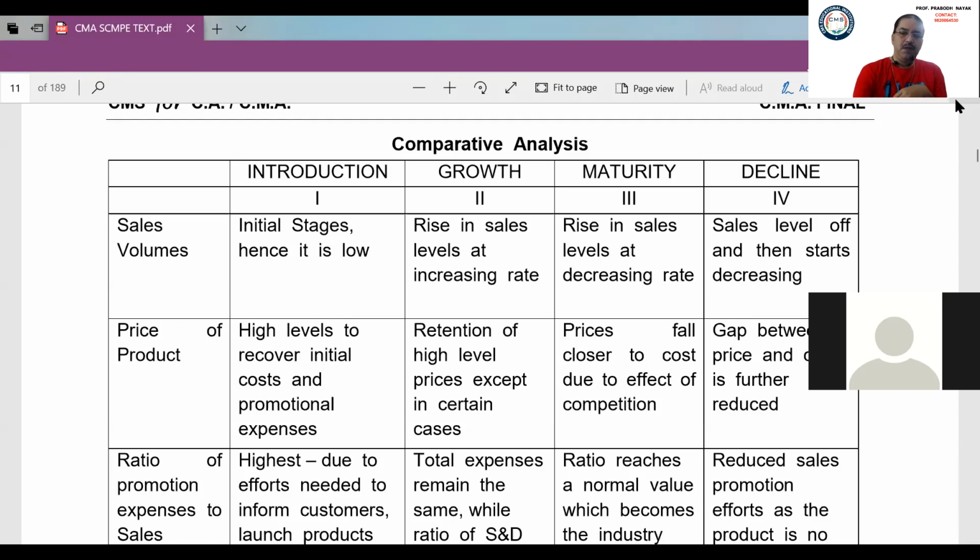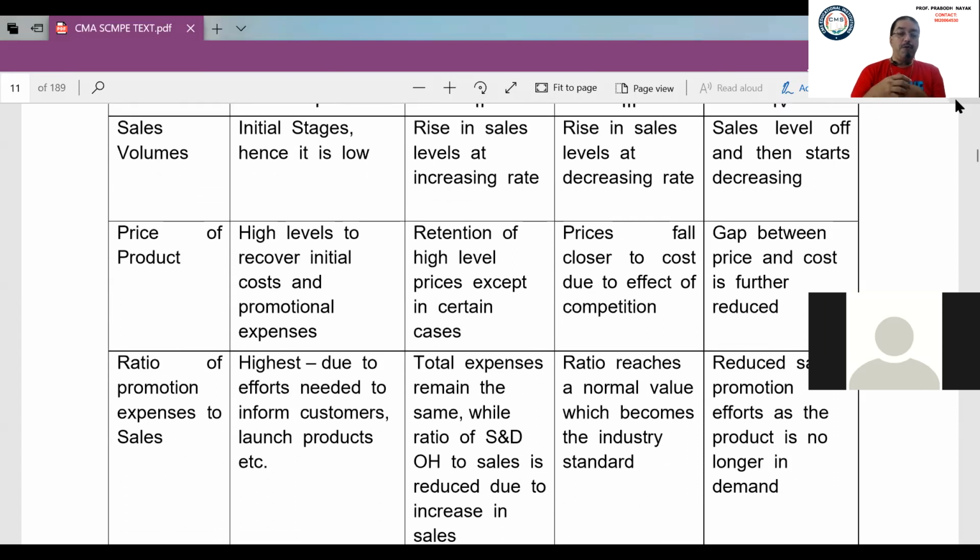Correct? Then we have the ratio of promotional expenses to sales. Advertisement expenses, promotional expenses, free samples given, buy one get one free, offers are given. That is the highest in the introduction stage.